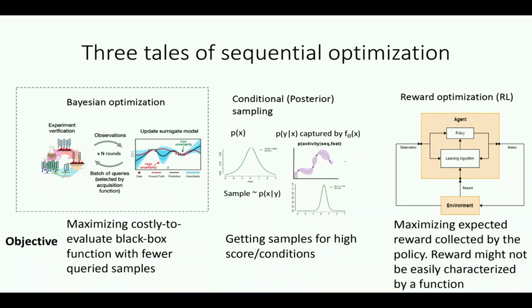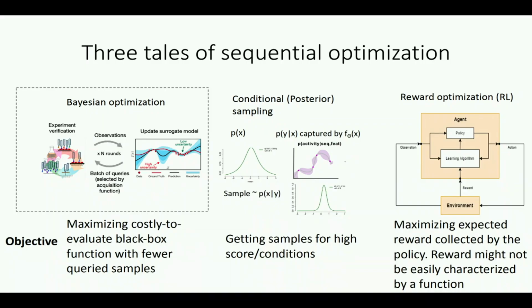So I think different approaches will have different use cases and their own strengths and weaknesses. But I've seen all of these approaches being used a lot in the current molecule design use cases.